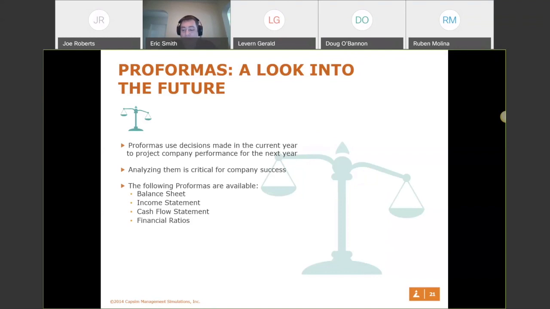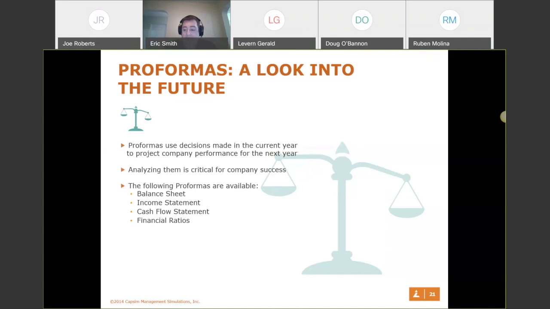Your pro formas will never be perfect because your sales forecast will never be perfect. It's important for the students to know that these projections are simply telling us what we put into the spreadsheet. This is how everything would look if our decisions came true.